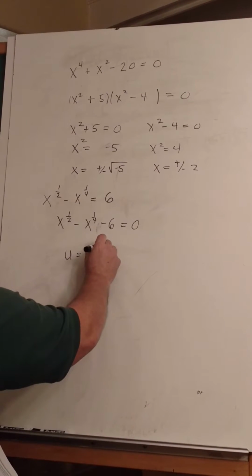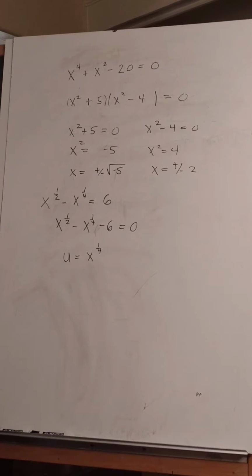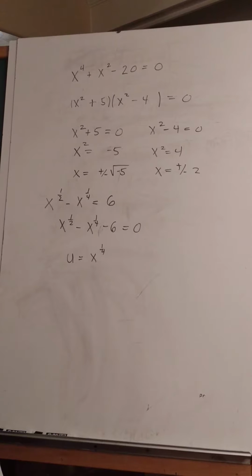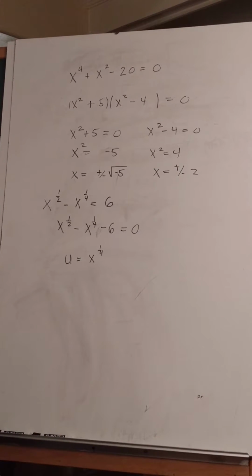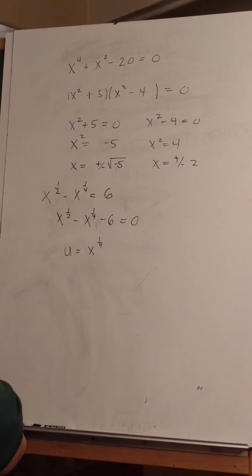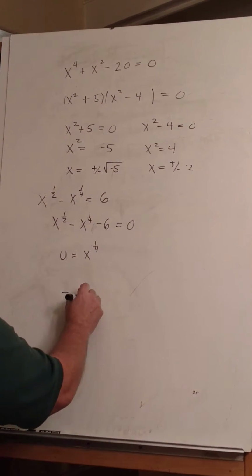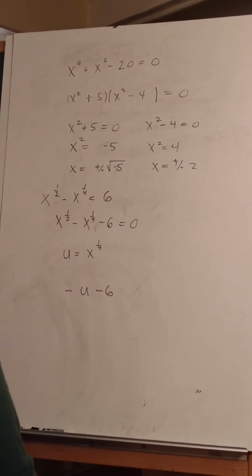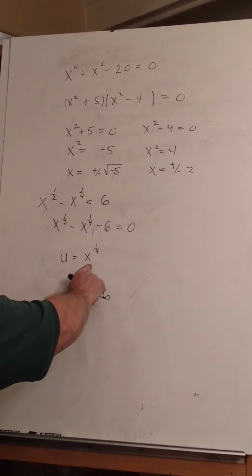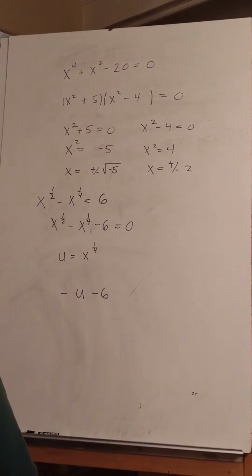x to the 1/4 power, right? See that? Now, if I do that, let's forget about the first term. The second term is obviously going to be minus u minus 6, right? u equals x to the 1/4. Well, what is that going to be? Think about that for a second.